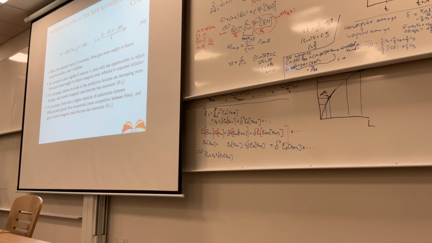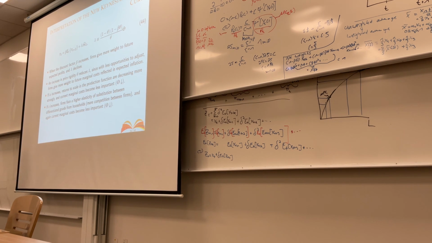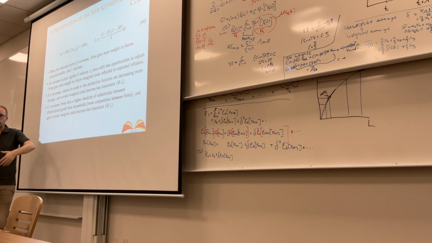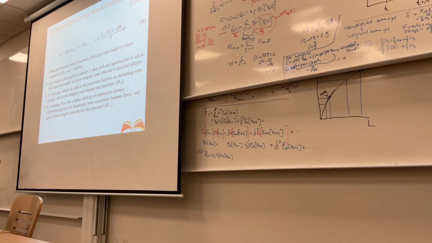So as beta increases, the owners of firms discount the future by less. They're less impatient, so they're giving more weight with a higher beta to future events than they have been before. And part of the future events they're looking at is the future stream of dividends from the profits they get from firms. So as beta increases, firms' owners say, hey, pay attention to the future more because I care more about the future and I'm your owner.